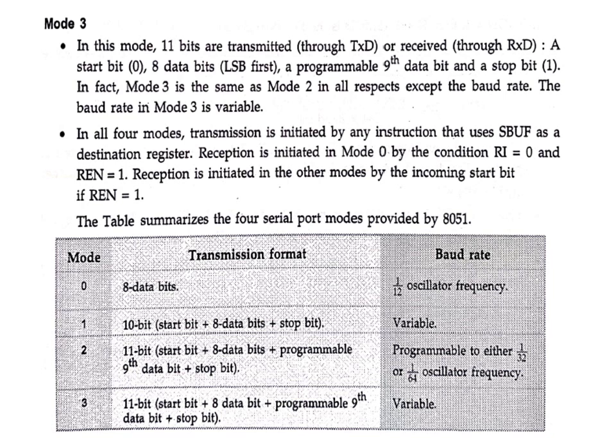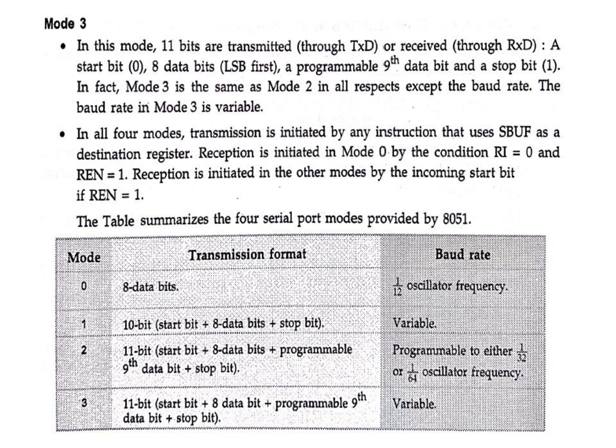The 11 bits are start bit plus 8 data bits plus programmable ninth data bit plus stop bit. So totally 11 bits are transmitted or received in mode 2 operation. And the baud rate is programmable to either 1 by 32 or 1 by 64 of the oscillator frequency.